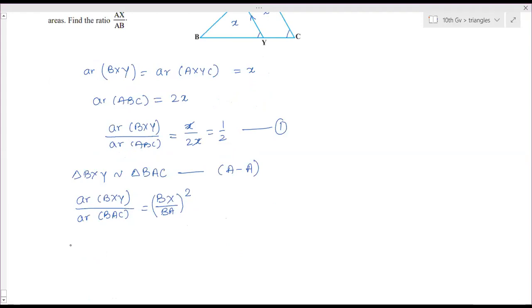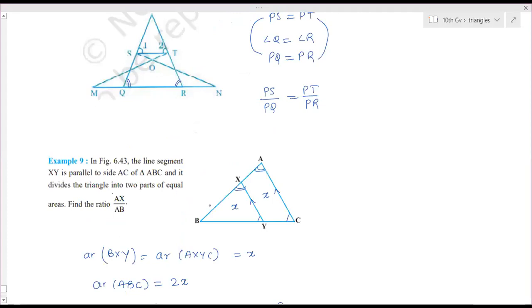Is it yes or no? Yes, ma'am. This is 1 by 2 equals BX by BA whole square. So what is the value of BX by BA? 1 by root 2. So BX by full side AB we got.